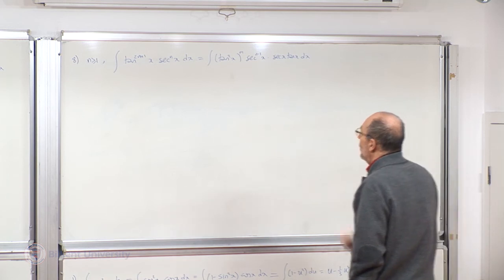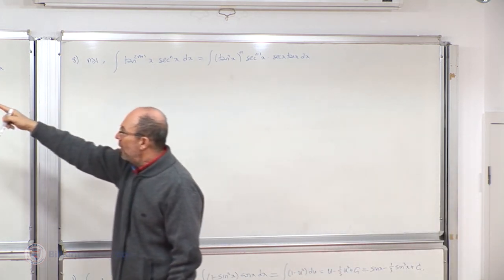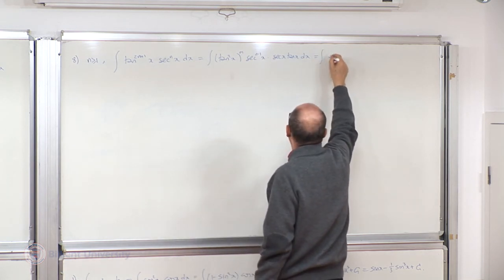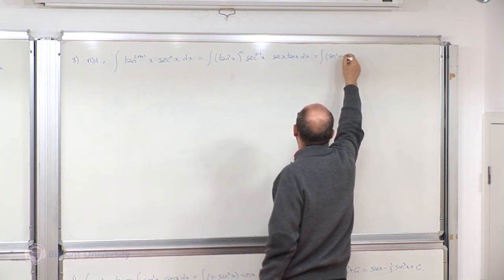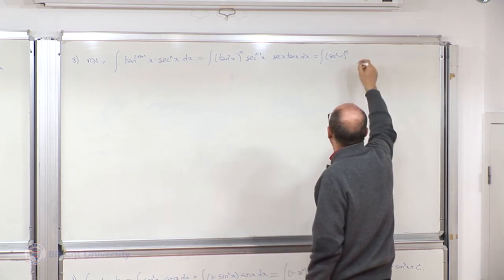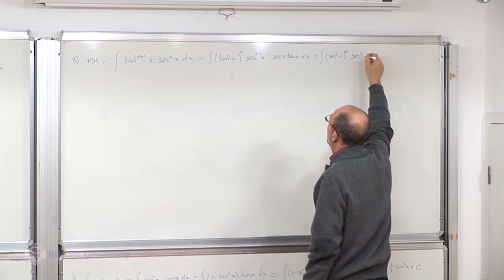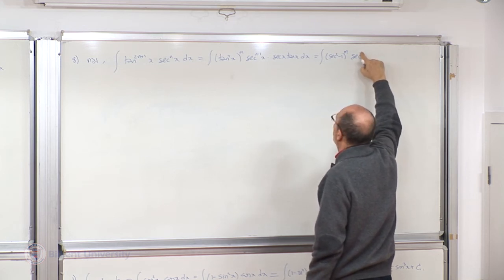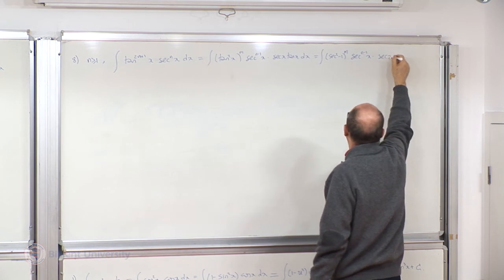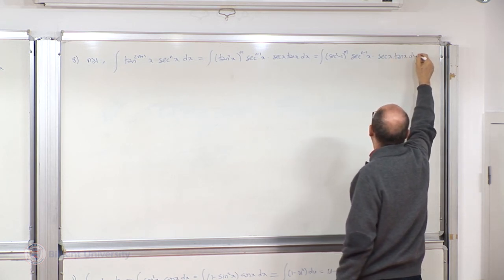Tangent square I can write as secant square minus 1. So this becomes integral secant square minus 1 to the power n, I have secant m minus 1 x, and I have secant x tangent x dx.